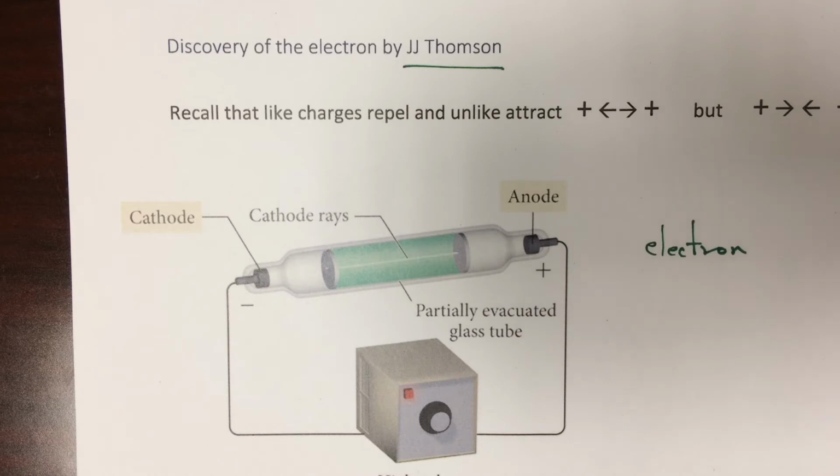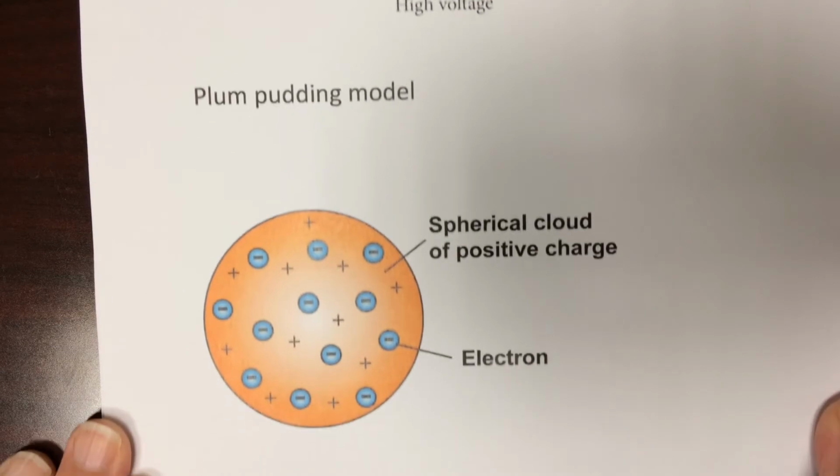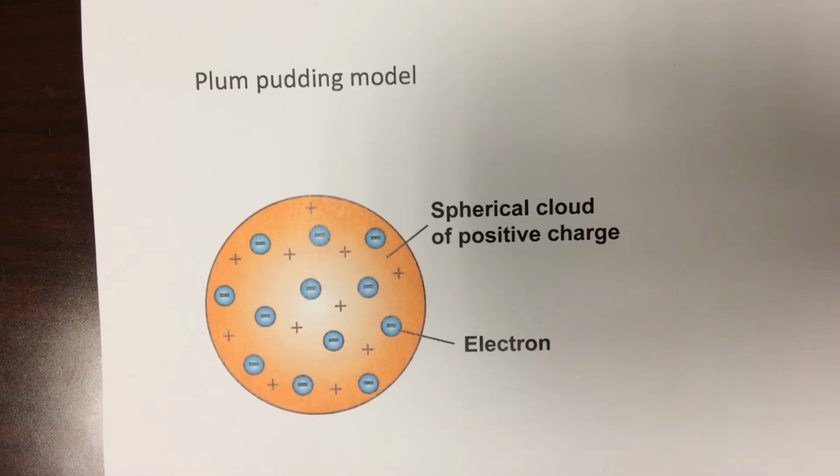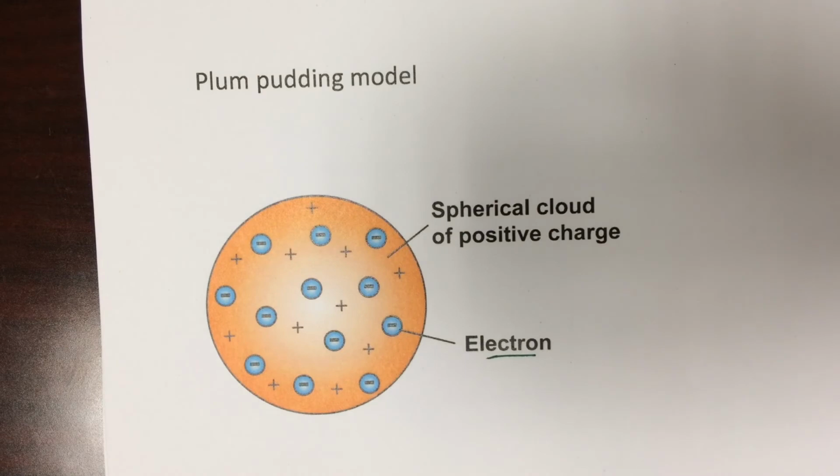And he proposed a model for the atom that's called the plum pudding model. What he imagined was that there was a spherical cloud of positive charge, and it was studded with his electrons that he had discovered that were smaller than the atom, so they would fit inside, of course.